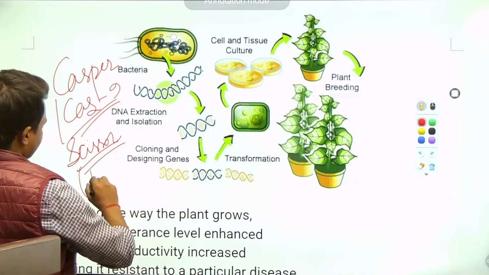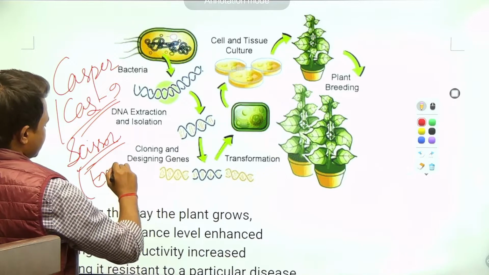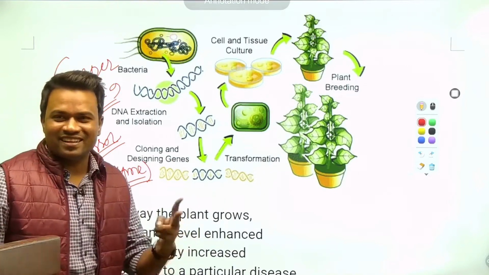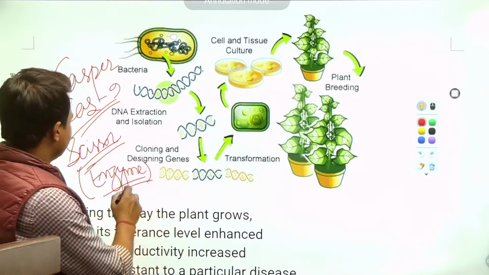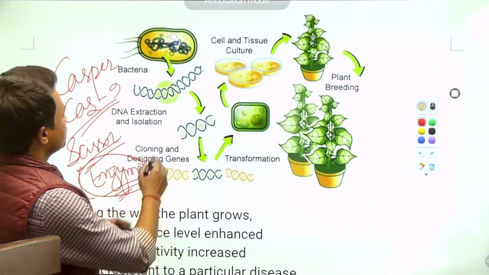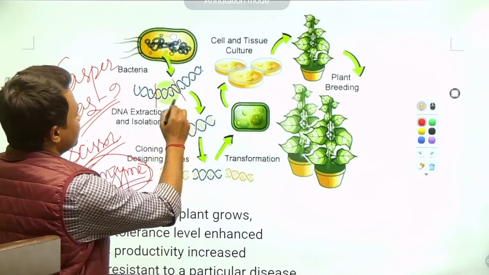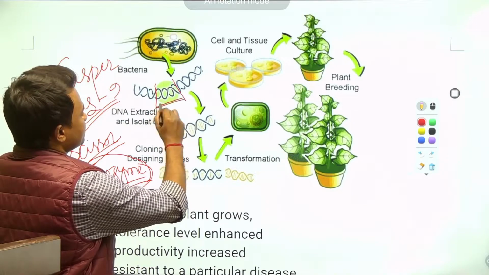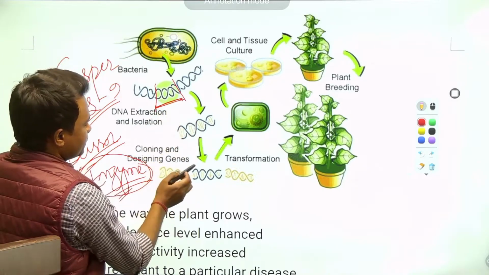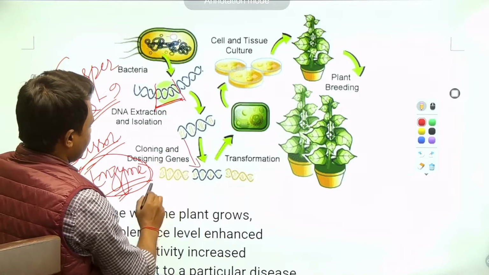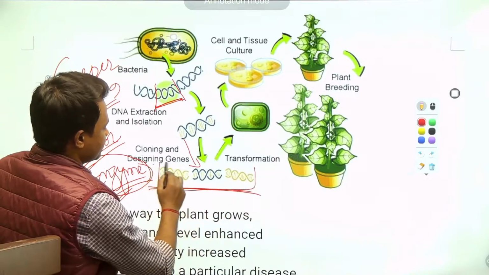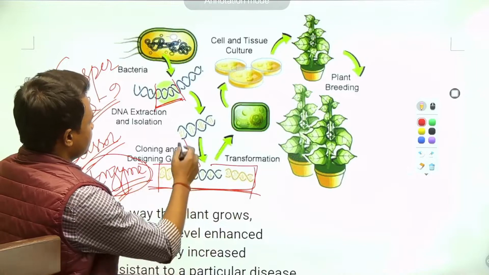This is not a Caesar as in the salon, but a type of enzyme or protein used to cut the desired section of DNA, which will be inserted into the designed gene. This is one of the transgenic varieties.